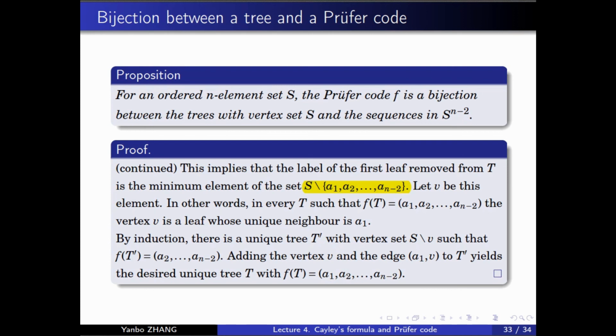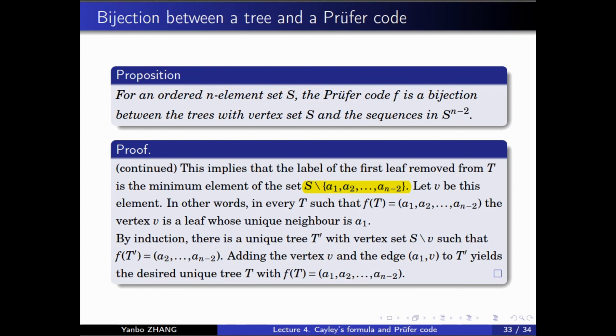Now we consider a new tree T prime of order n-1. It is obtained from the tree T by deleting the vertex V. By induction, there is a unique tree T prime with vertex set S minus V, such that F(T prime) equals a2, a3 to a(n-2).